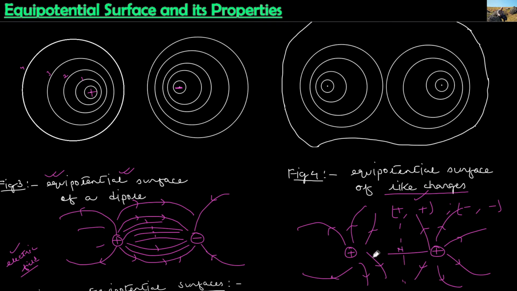So the lines of force somewhere in the region between these two charges will be very small, or largely spaced.